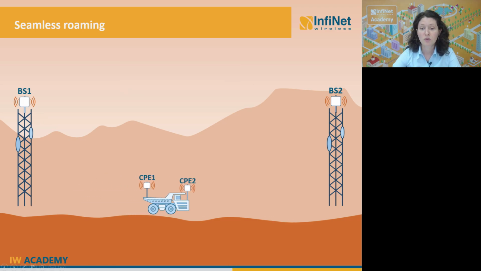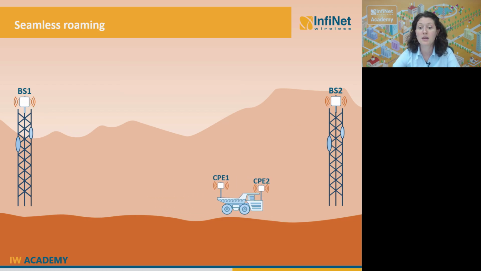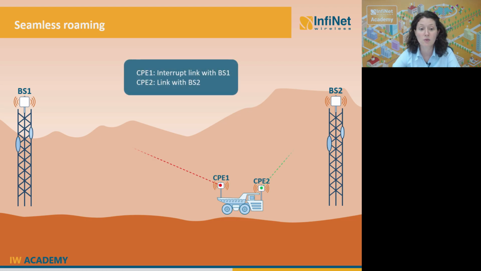Next, CPE 2 tries to connect to base station 2 since it enters its coverage area. In the meantime, data is still being transferred through CPE 1 towards base station 1, so no interruption is noticed. In the end, CPE 1 also loses connectivity with base station 1 as it goes farther away, but the link between CPE 2 and base station 2 is already established.